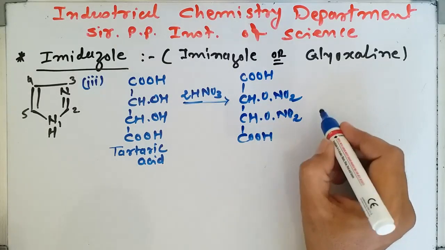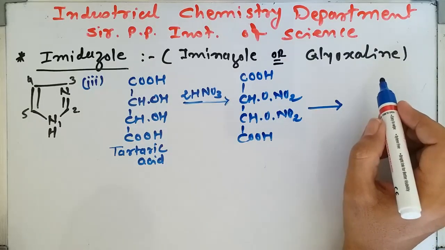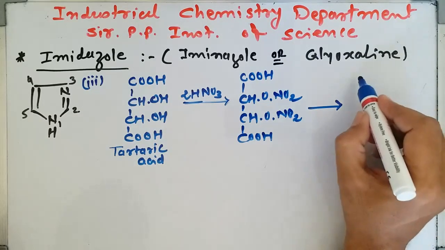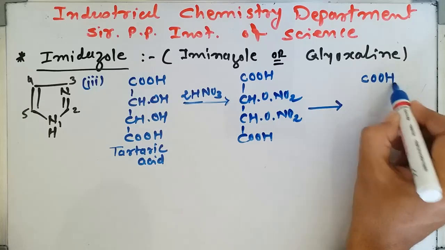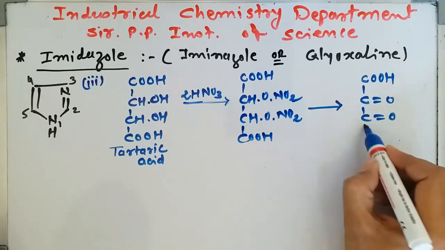Now this undergoes denitration, so we get a diketo compound derivative.